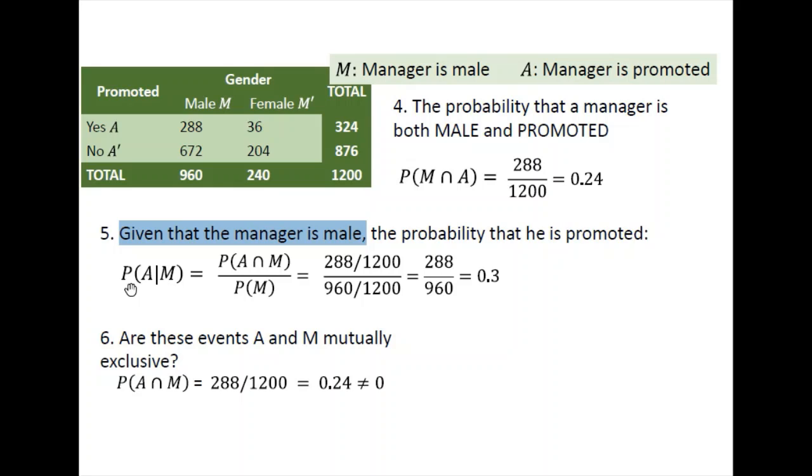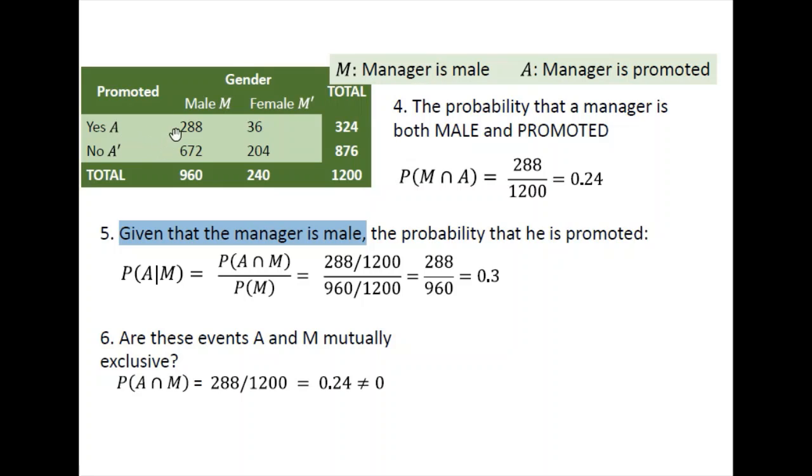the probability of getting promotion, given that the manager is male, is the intersection of A and M. We have it here. Divided by the probability of conditional part. The probability of conditional part is the probability of M, male.